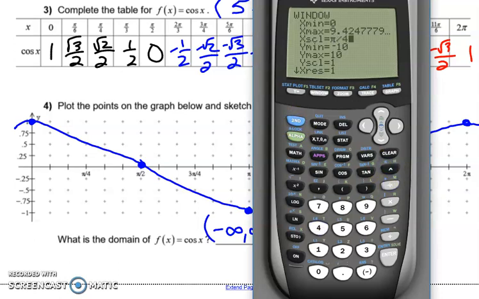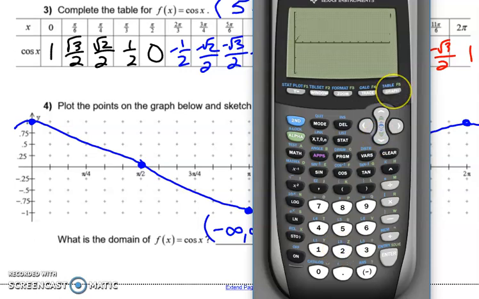We can always adjust that if we so choose. And then graph. So let's go back and change our window again. For y, let's make our minimum negative 2, and let's make the maximum 2. So we can have a much better picture than what we're seeing.